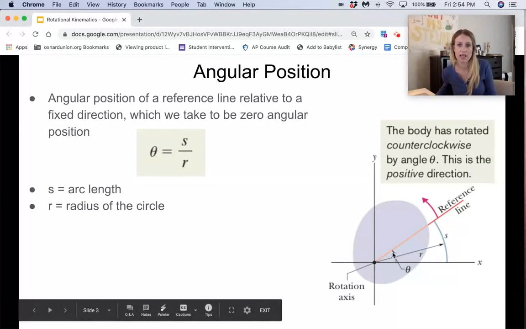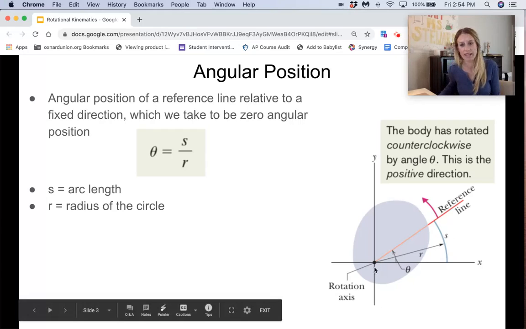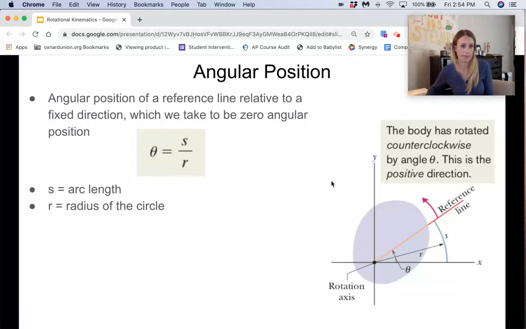Obviously, if we're closer to the axis of rotation, r is going to be smaller, our arc length s will be smaller, but again, that theta will be the same. And again here, if our r is bigger, so we're farther away from the axis of rotation, our radius will be larger, but the arc length s will be larger as well. Same ratio, we still have the same angle theta.